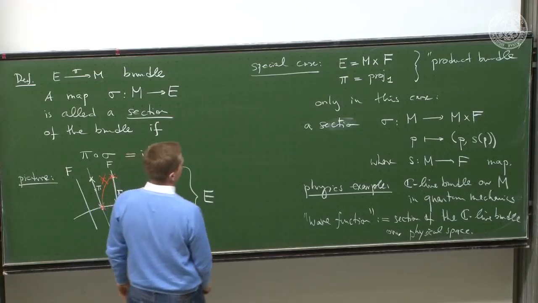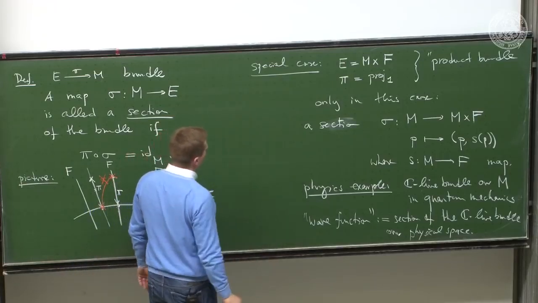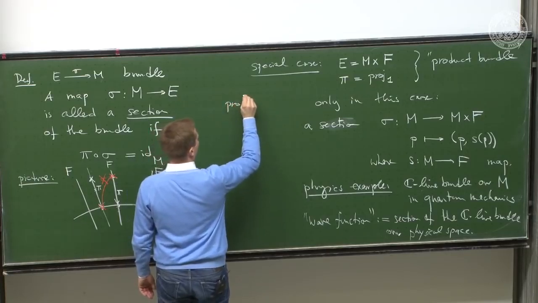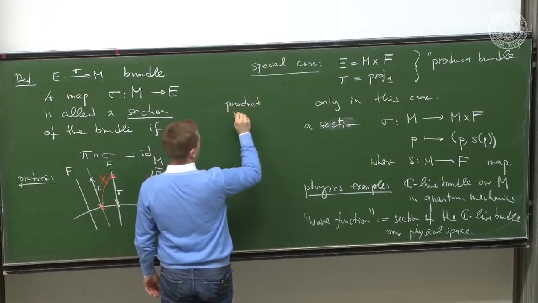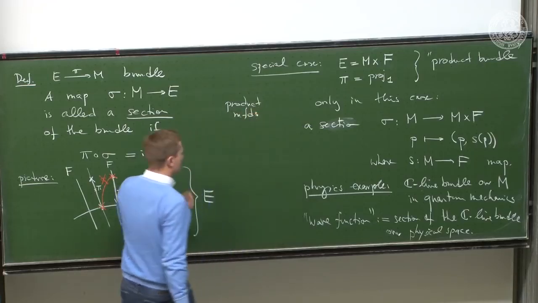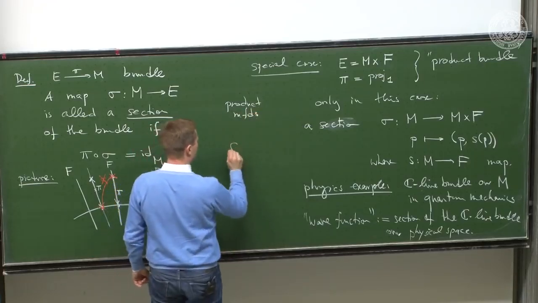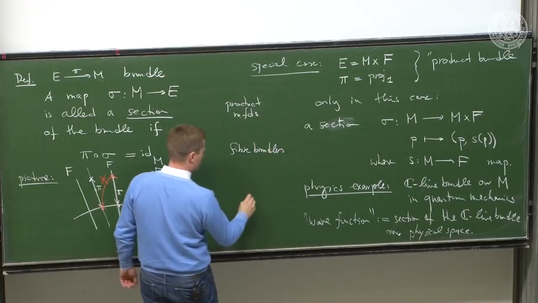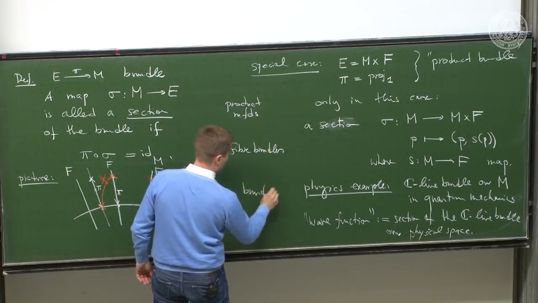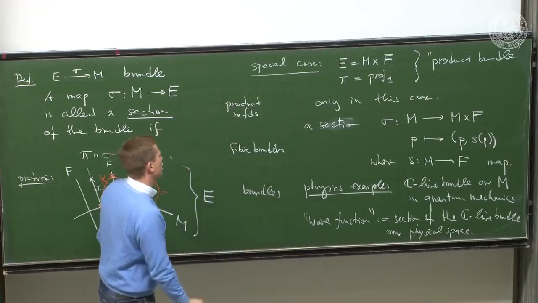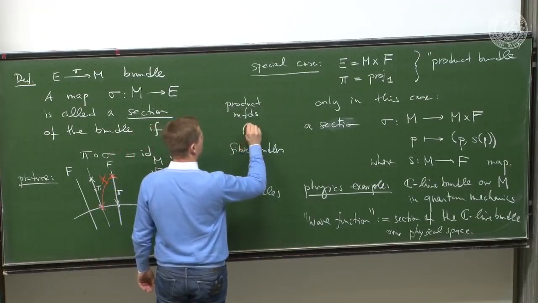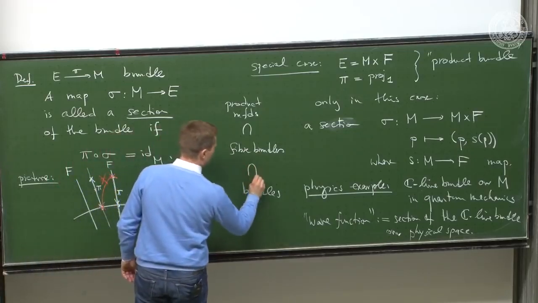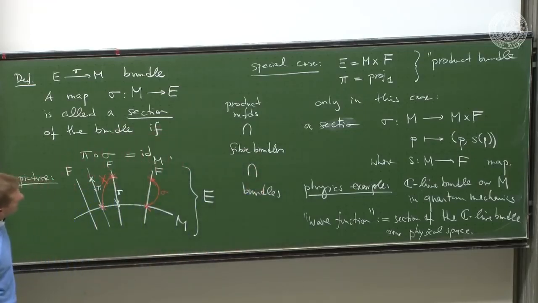Maybe I should just write down this kind of sequence. You have product manifolds, you have fiber bundles, and you have bundles. So product manifolds are contained in all the fiber bundles, and fiber bundles are contained in all the bundles.